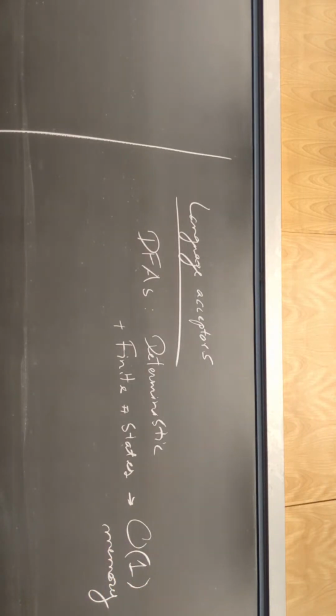Until you start talking about complexity theory, you're never really going to talk about the time complexity. You're just going to talk about space complexity. And so DFAs use only O(1) amount of memory, so they use a constant or finite amount of memory to accept the languages.